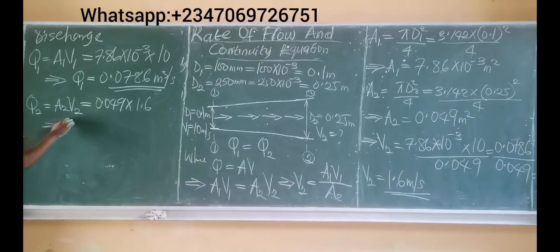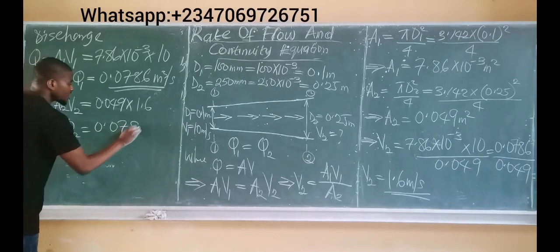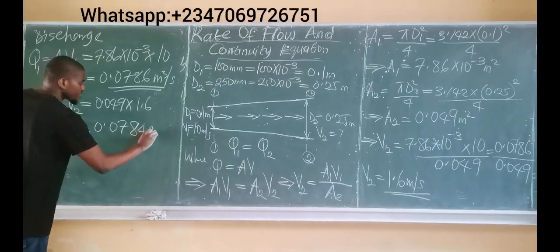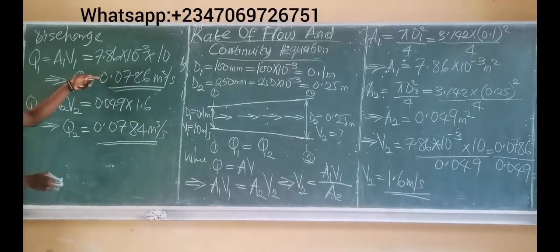If you do this multiplication, 0.049 multiplied by 1.6, you obtain the discharge in section 2 to be 0.078 meter cube per second, which is not much different from the very first one.